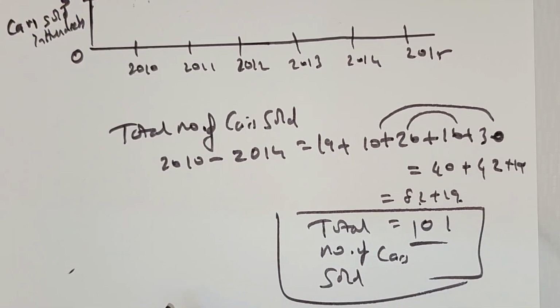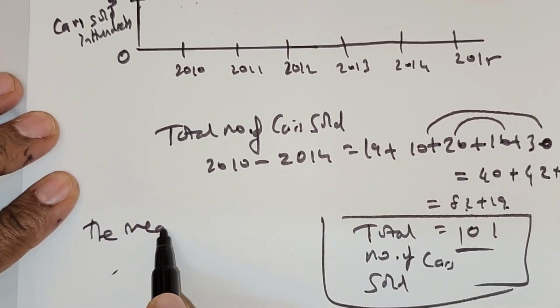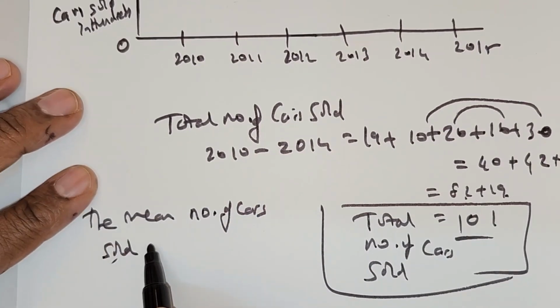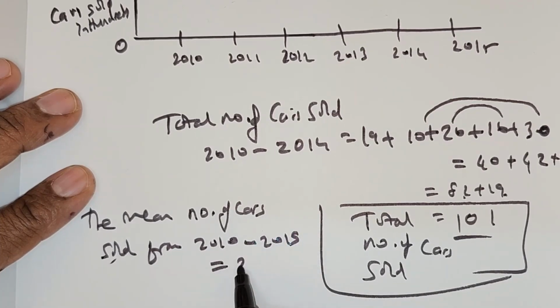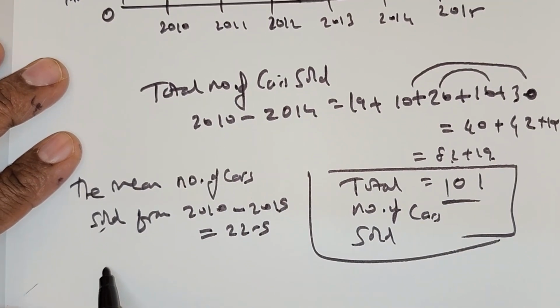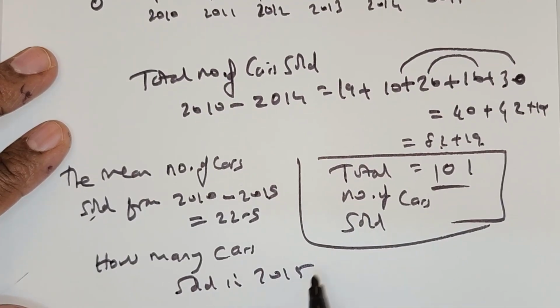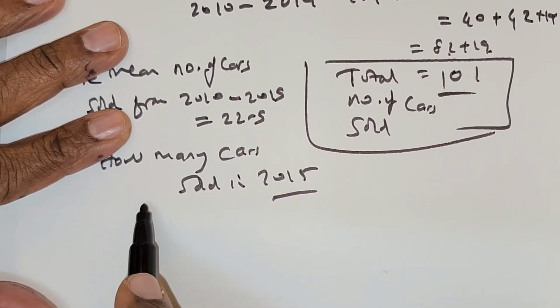101. Now the next question is the mean number of cars sold. The mean number of cars sold from 2010 to 2015 is 22.5. They are asking us to find how many cars were sold in 2015. So we need to get this number. So I'm going to state it like this.